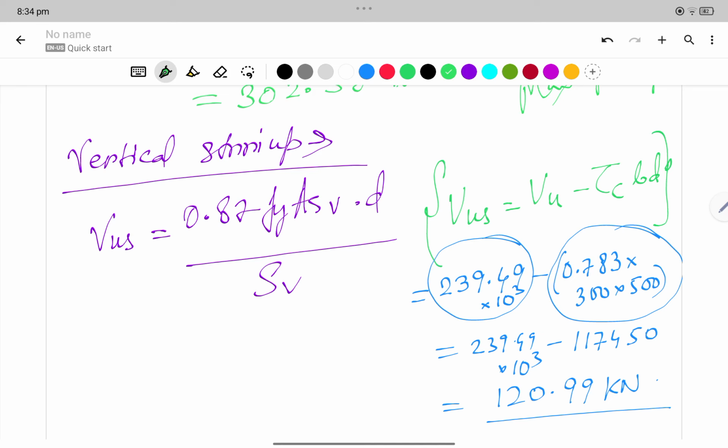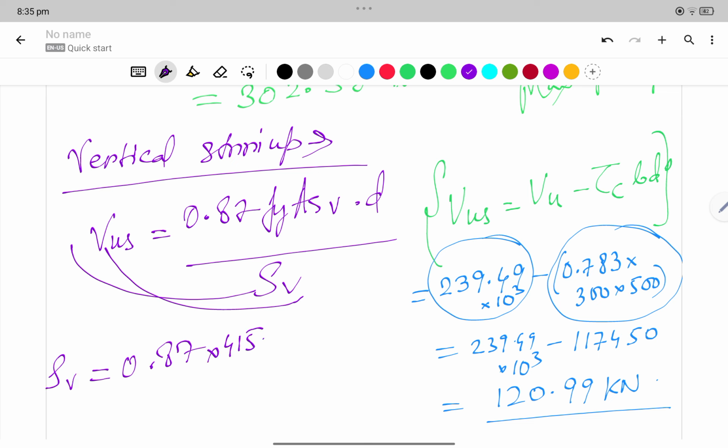So if we put the value in this formula, 0.87, we will just transfer these two values. So sv we are calculating it as 0.87 into 415 into Asv, Asv is 100.5, into d is 500, and this value is 120.99 into 10 to the power 3.